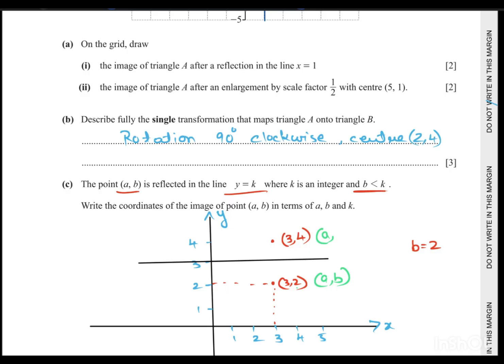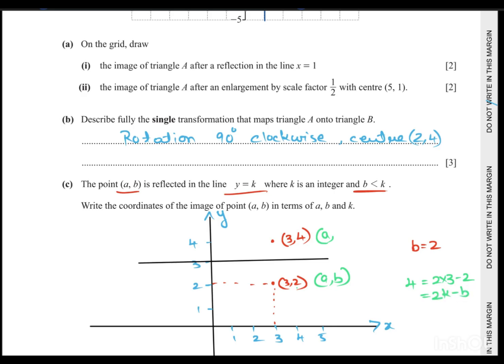Now the relationship will be, you can write it as b, this coordinate, 4 is equal to 2 into 3 minus 2, that is 2k minus b.